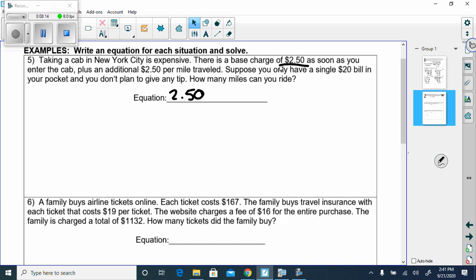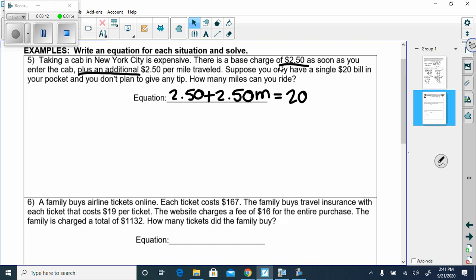And then on top of that, it says plus an additional, so that means I'm going to be adding $2.50 per mile. So what do I need with that $2.50? And they have a total of how much money to spend? $20. So I'm going to set it equal to 20. And then if we find m, we can figure out how many miles we can go.